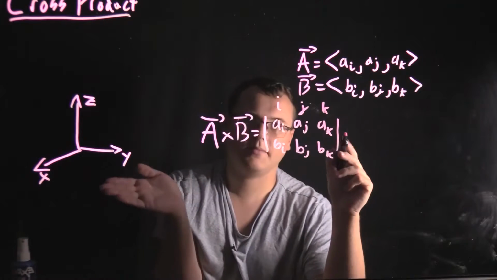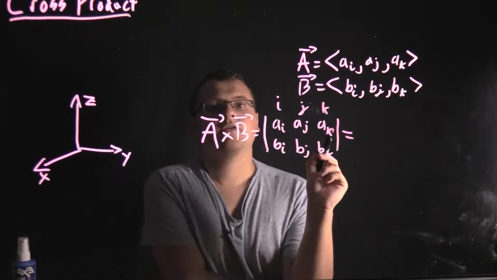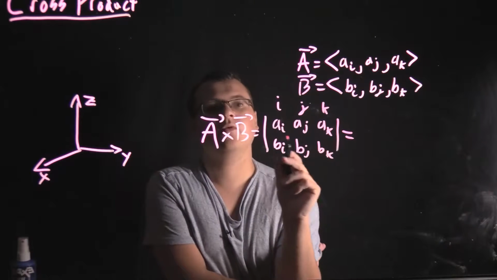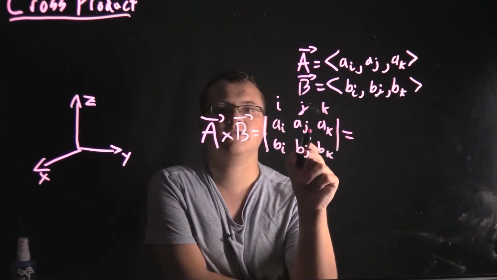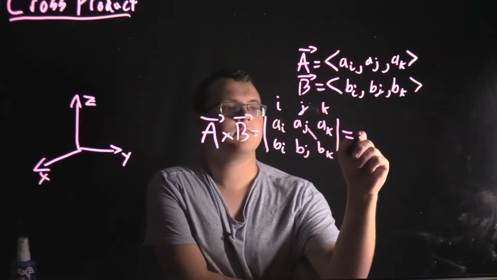So what do I mean by that? Well, if you want to find the resultant vector in the I direction, you would cross the two things in the j and k direction, which would be cross down.